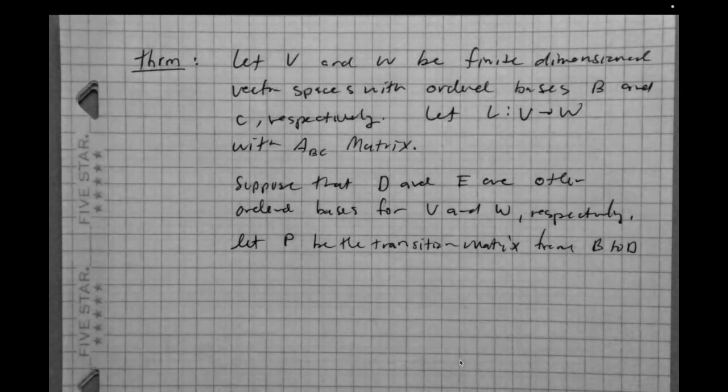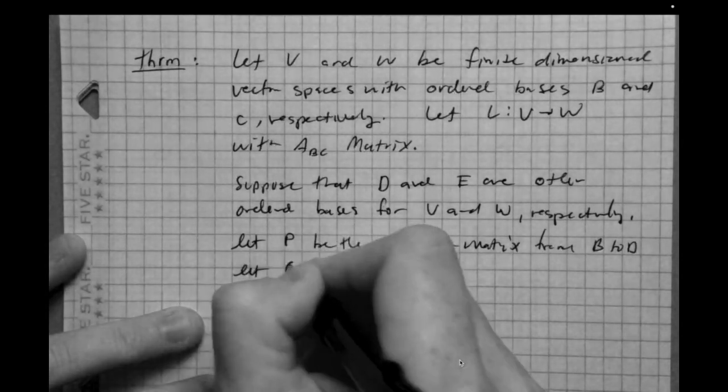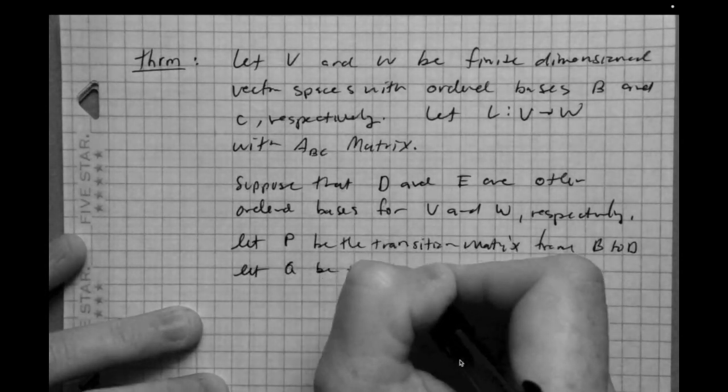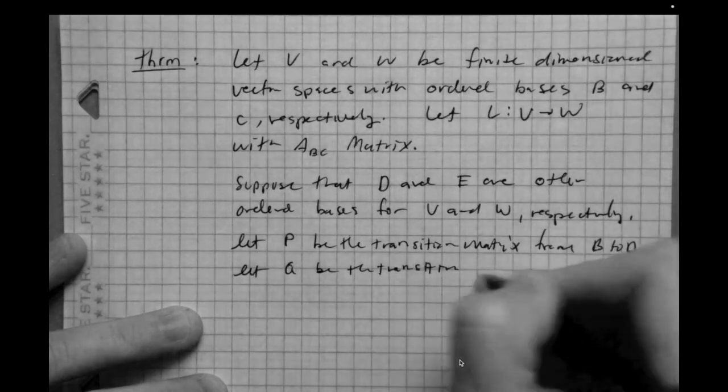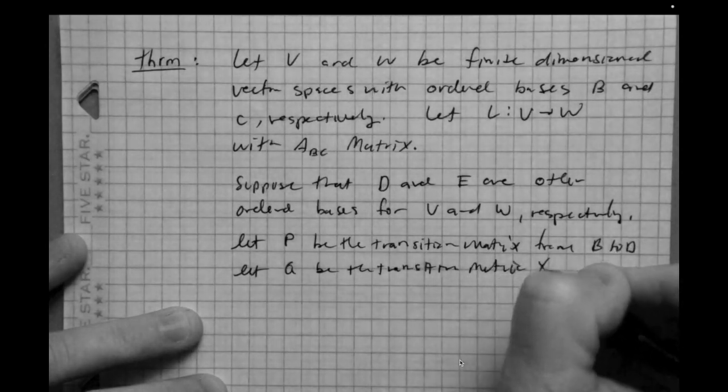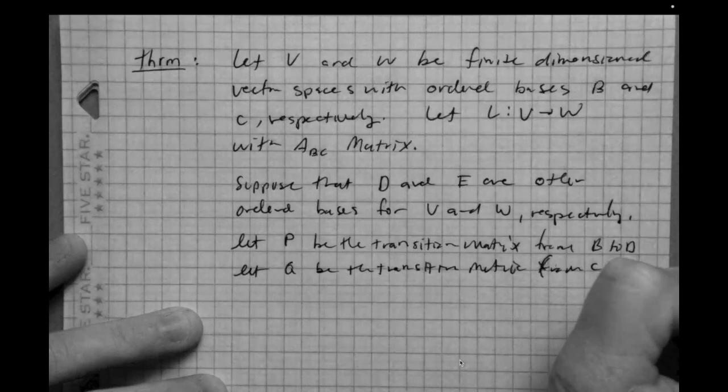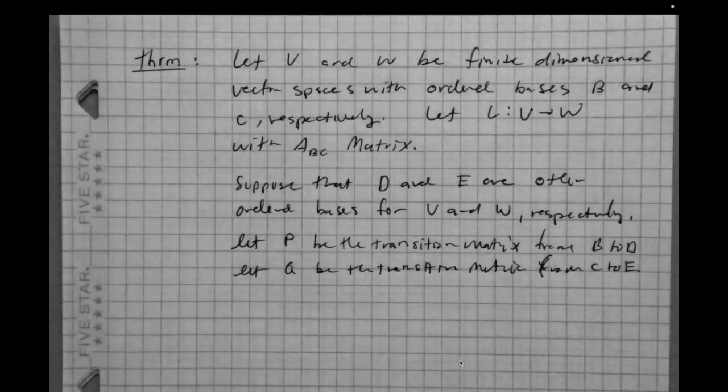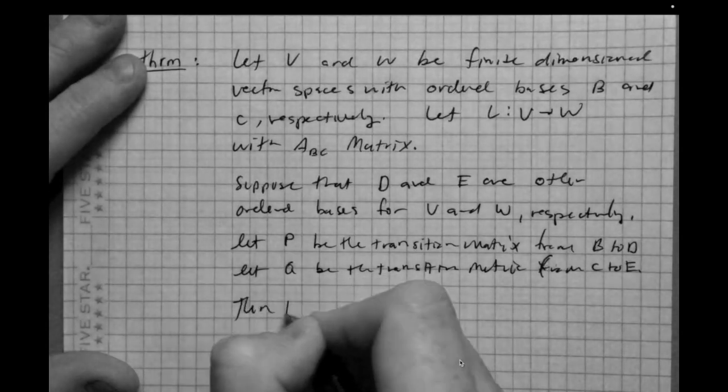And we're going to let Q be the transition matrix from C to E. So I've got P, transition matrix from B to D, and Q, transition matrix from C to E.